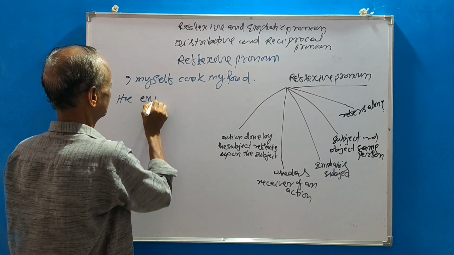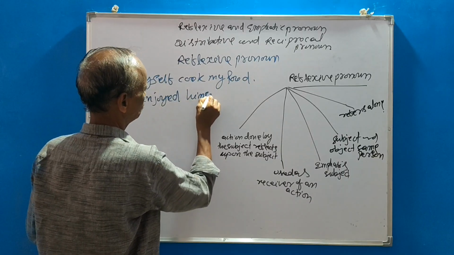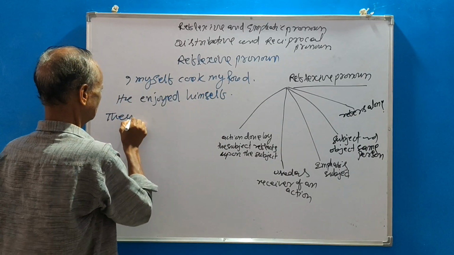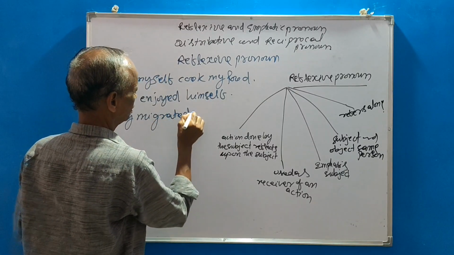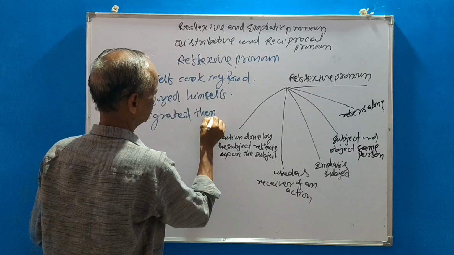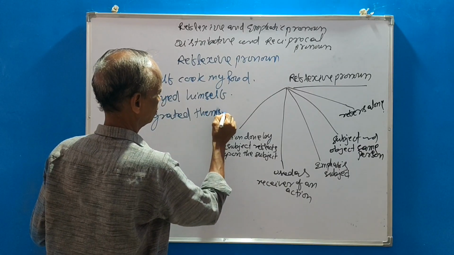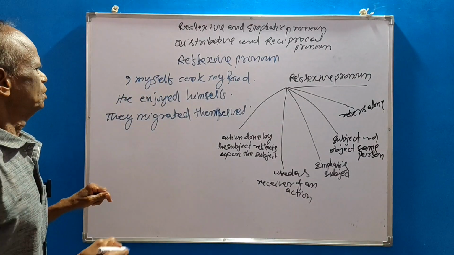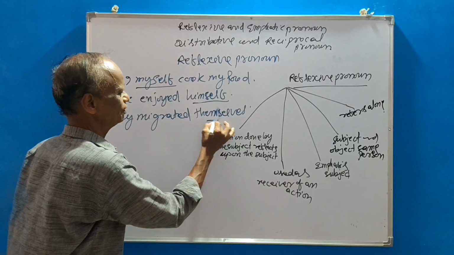He enjoyed himself. They migrated themselves. See, myself is a reflexive pronoun.